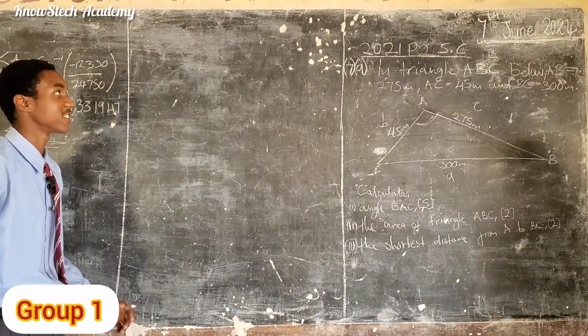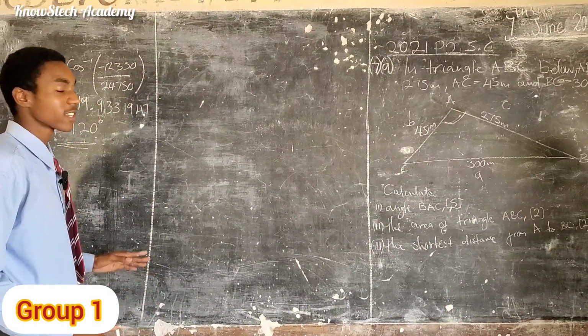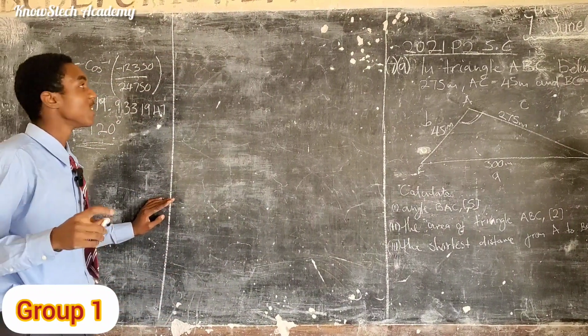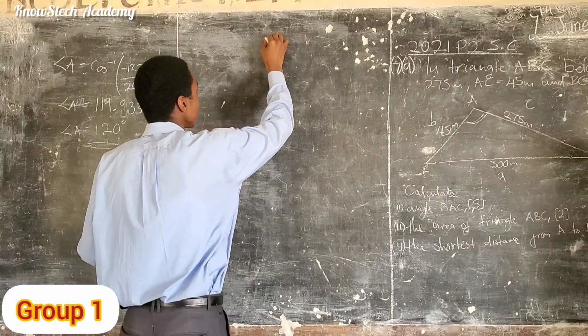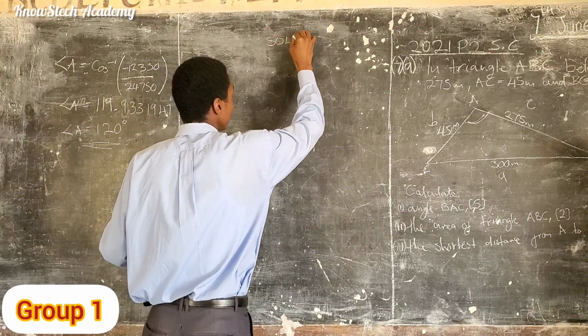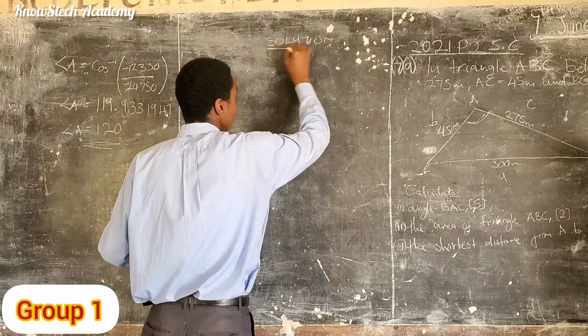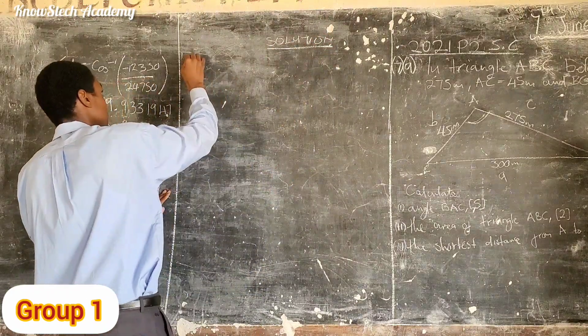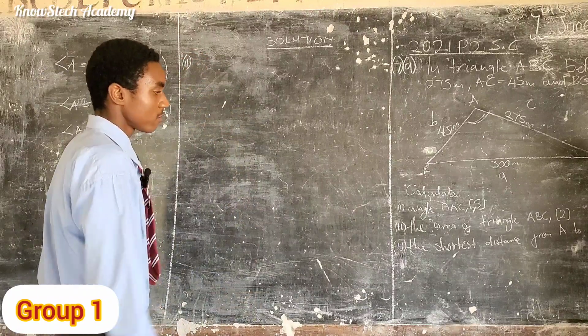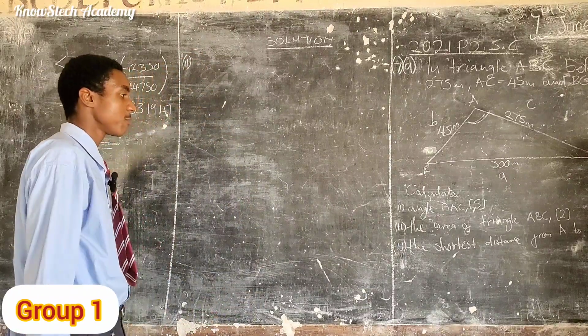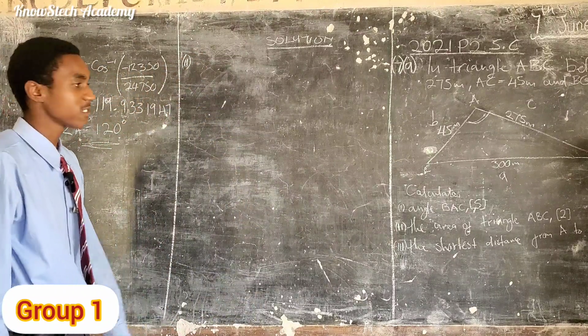Now we're finding the area of the triangle, which is question 2. So anyone who knows the formula for area in trigonometry?